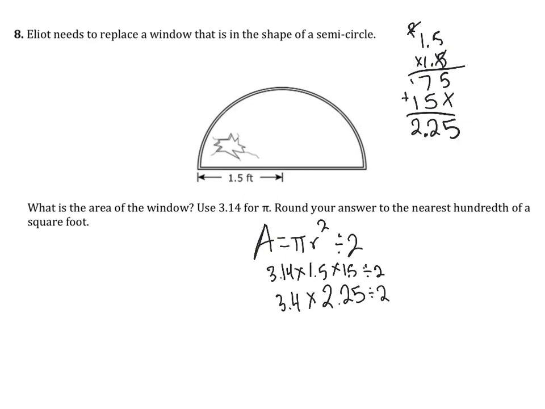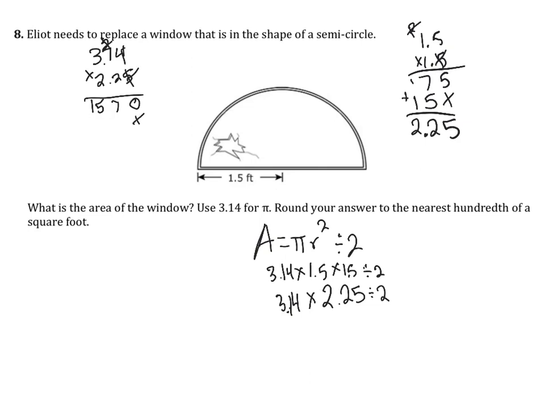So I'm going to do the multiplying first. So let's do 3.14. We're going to multiply it by 2.25. 5 times 4 is 20. Put the 0, carry the 2. 5 times 1 is 5, plus 2 is 7. 5 times 3 is 15.